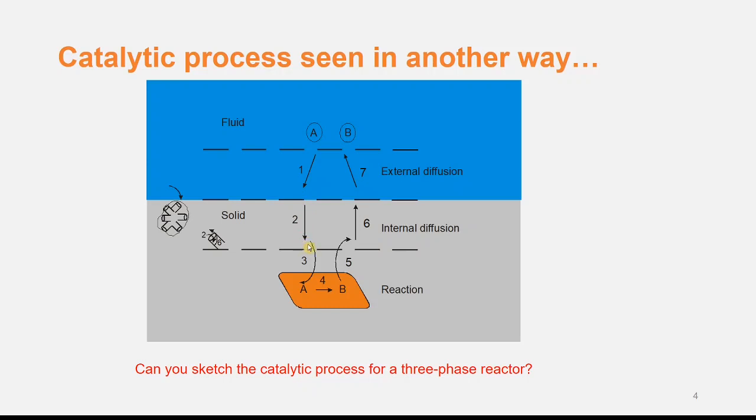Step 3, A can then adsorb onto the catalyst surface, and step 4, A reacts to form B. Step 5, B can then desorb from the surface of the catalyst. Step 6, B has to diffuse through the pores, and 7, diffuse through the film to reach the bulk fluid.